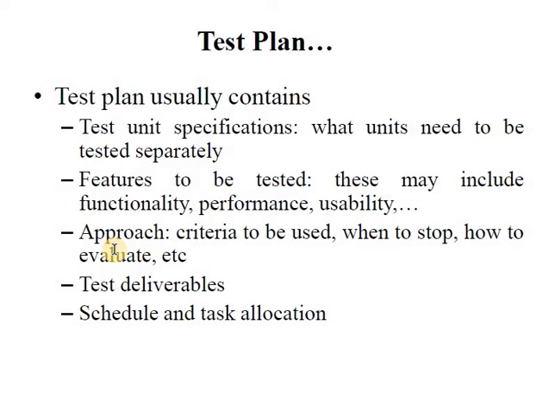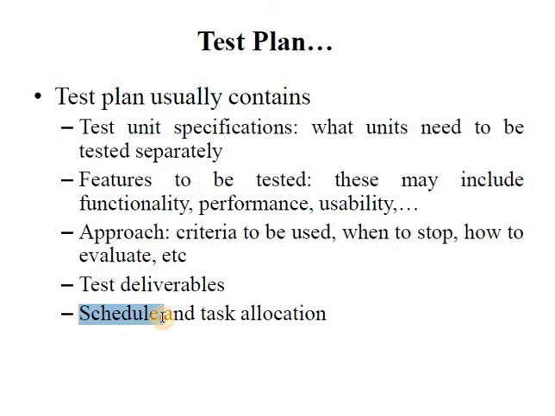Test deliverables means after successful completion of each test case or testing activity, obviously the tester has to produce a document. So a document is also a kind of deliverable.